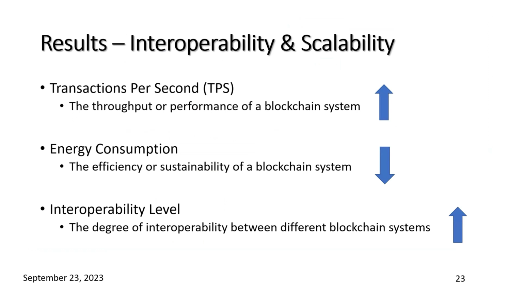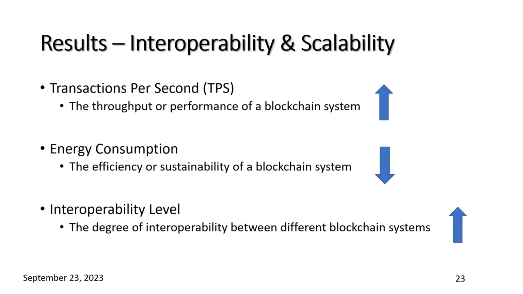So in terms of results, we have three key parameters to compare the results. One is the transaction per second parameter, a metric that indicates the throughput or performance of a blockchain system.